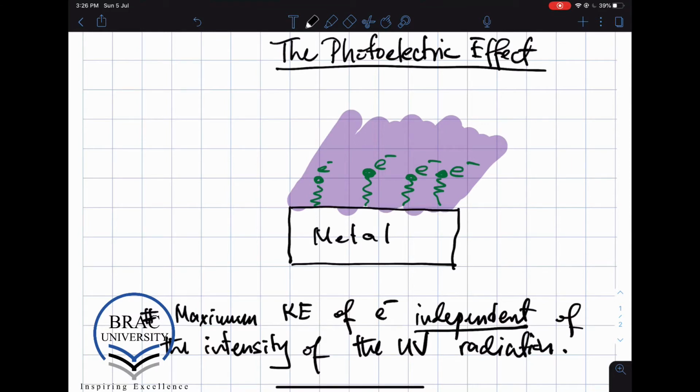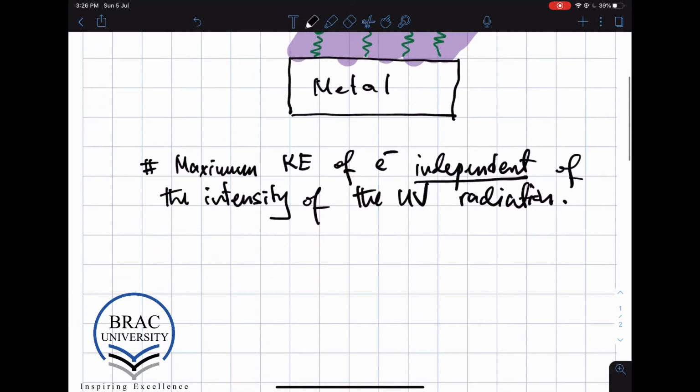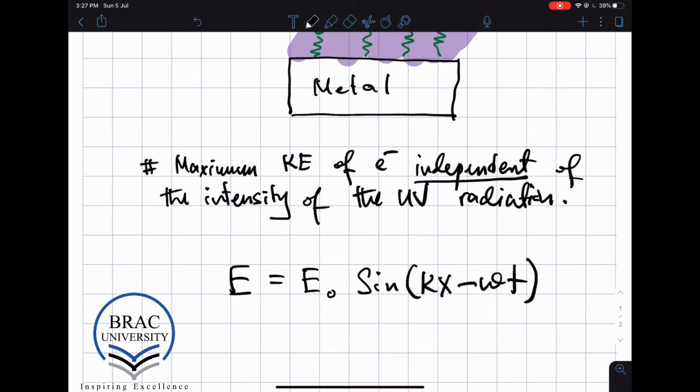Now this is puzzling because suppose that we have some electromagnetic wave and its electric field is given by something like, let's for the sake of argument take the electromagnetic wave to be a plane wave. And this is the amplitude.